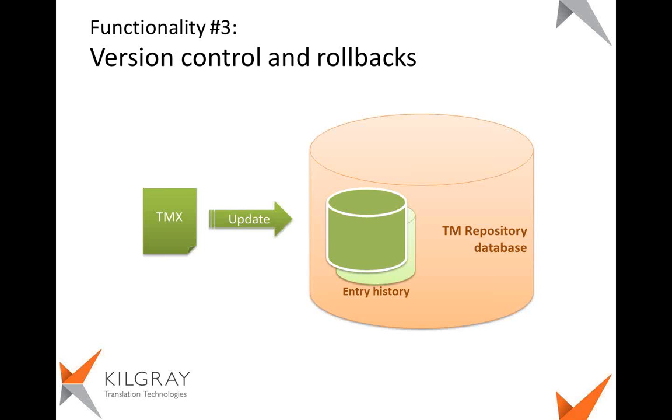For instance, when you first import a translation memory, you might realize that you fitted it with the wrong metadata, and you don't want to run searches and replaces on the metadata, which is something that the TM repository allows you to do. You want to import it again. Then you can roll back the import. You can undo the import and start it over.